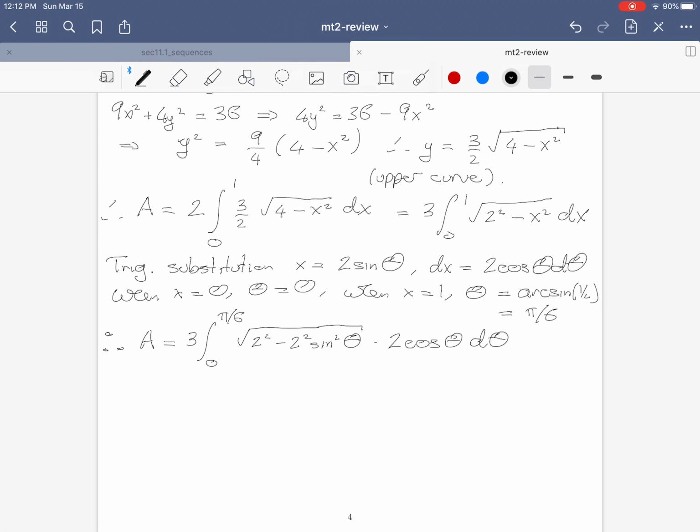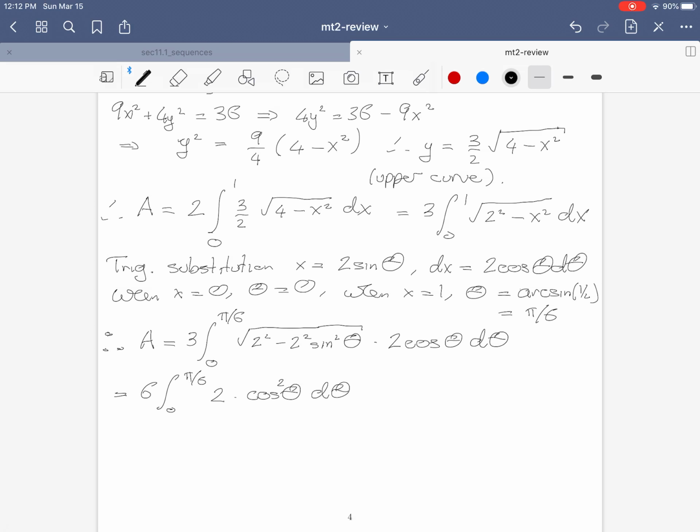So what does this become? This is now 6 times by the integral from 0 to pi by 6. We can take out the factor of 2 squared, so we'll get 2. And we'll have the square root of 1 minus sine squared theta. So that's cos theta.